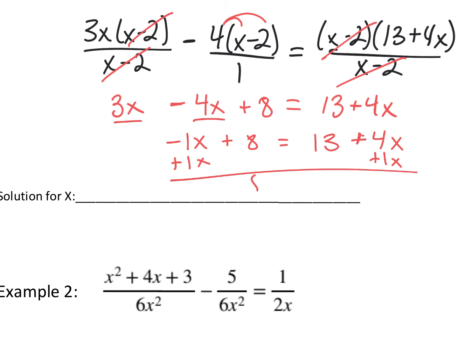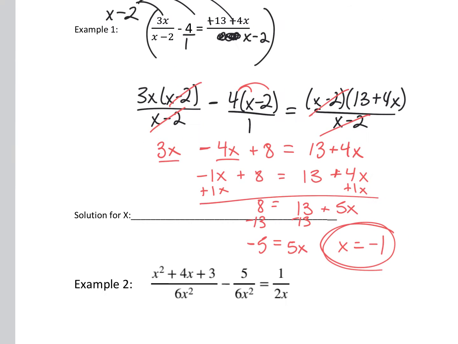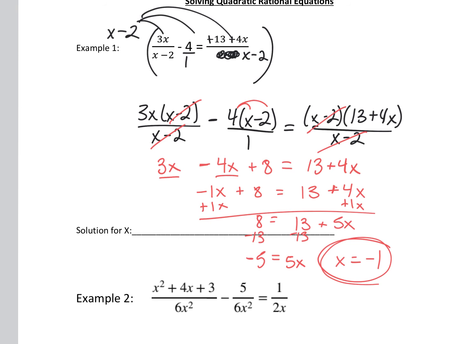So we end up with 8 equals 13 plus 5x. Now what? Good, Jaden. 8 minus 13 is -5 equals 5x. And what's my final answer going to be? X equals -1.